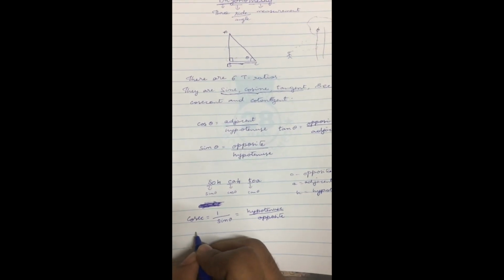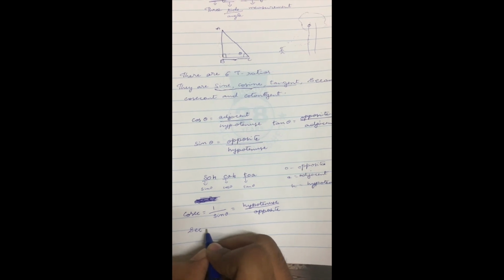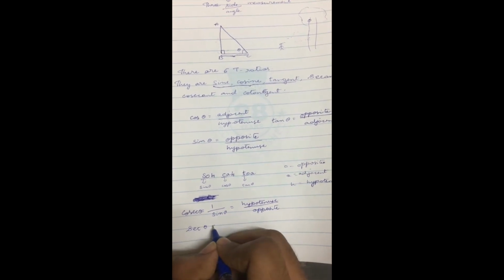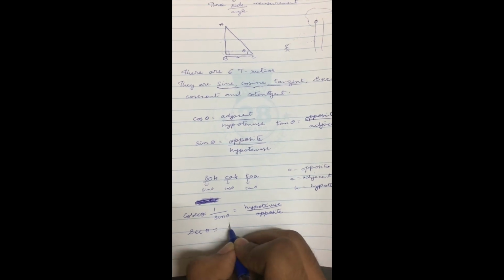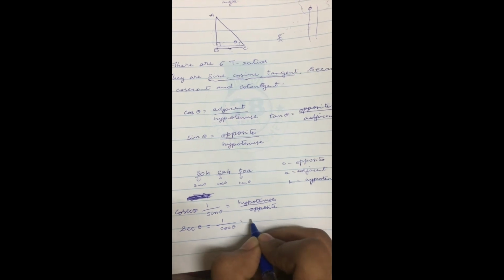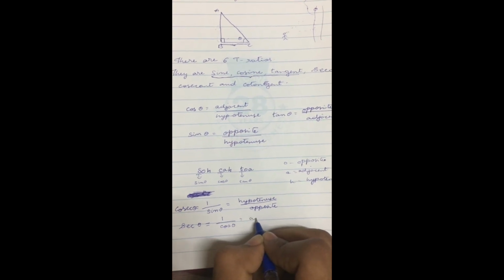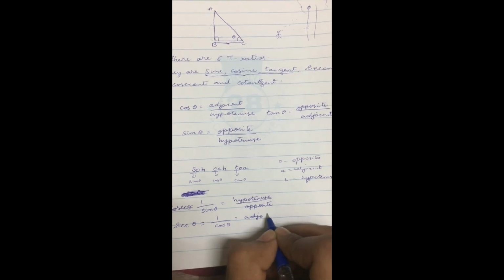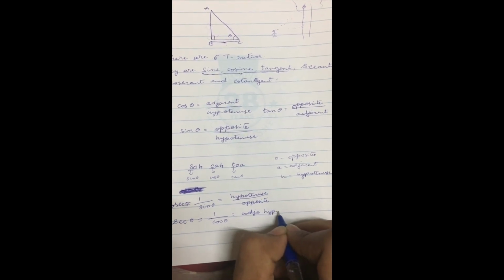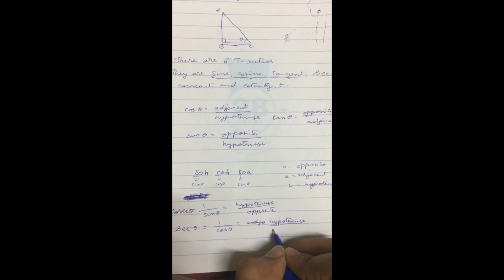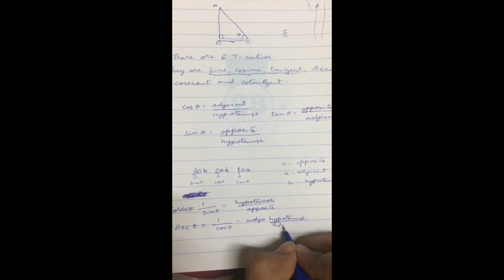Okay. If we consider sec theta, you have to write theta here or else you'll lose marks. If you consider sec theta, it is nothing but 1 by cos theta, which is nothing but 1 by adjacent side by hypotenuse, which is hypotenuse by adjacent side.